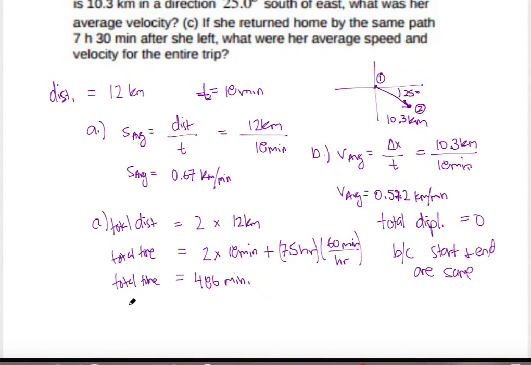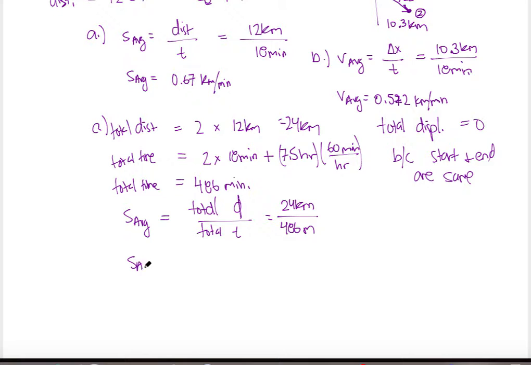So our speed for the total trip is going to be total distance over total time, which is going to be, this is 24 kilometers, over our total time of 486 minutes, which is a very small average speed now.